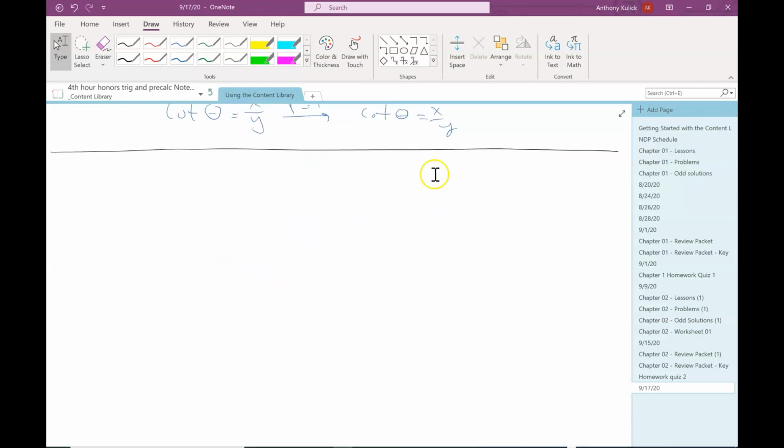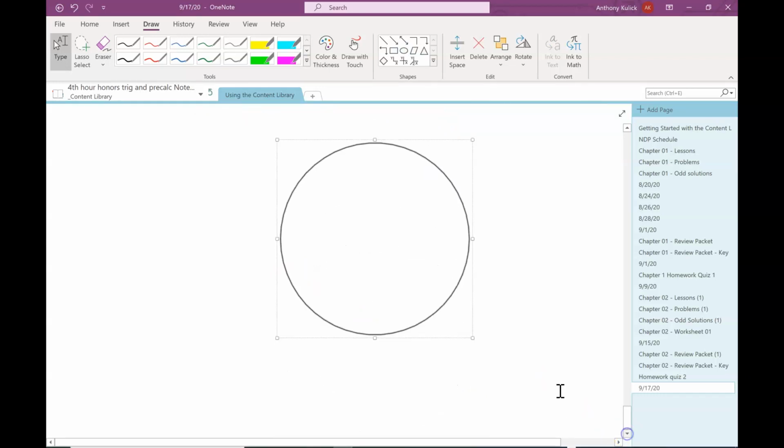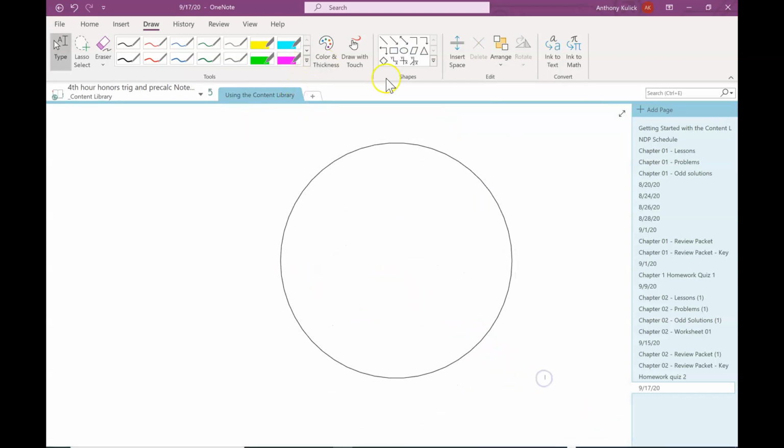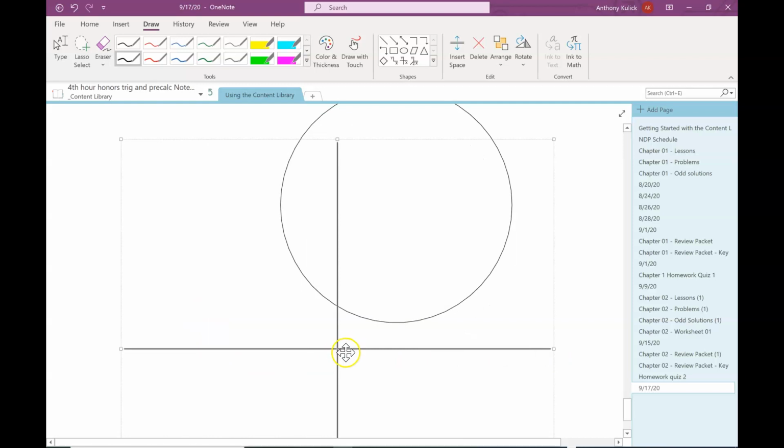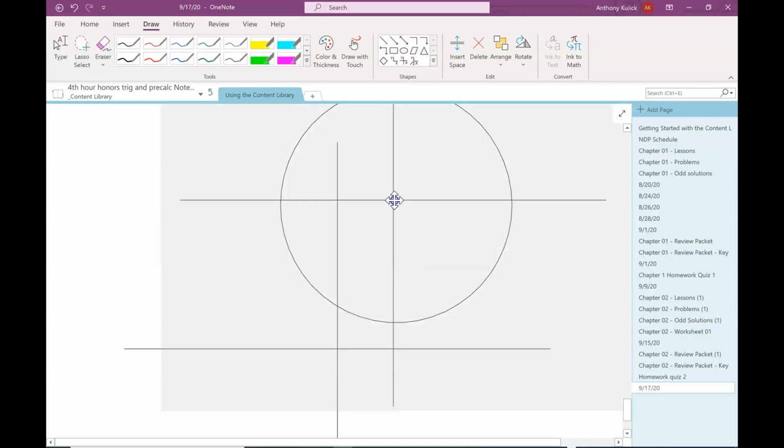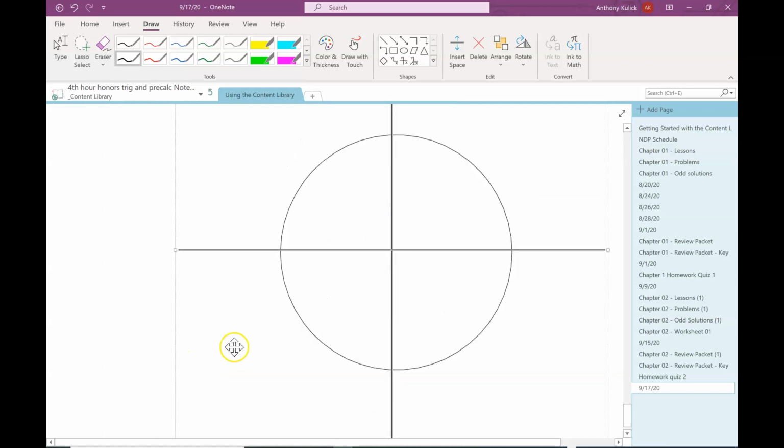Okay. So what we can do now is embed our unit circle, and inside of this, we have our xy axis.